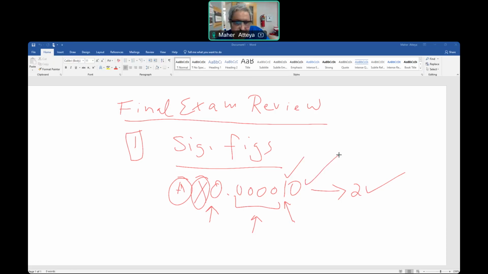What are those two conditions? The zeros have to come after a whole number, and the decimal is present. So we have a decimal present. So the answer is 2. Correct? Let's do another one.